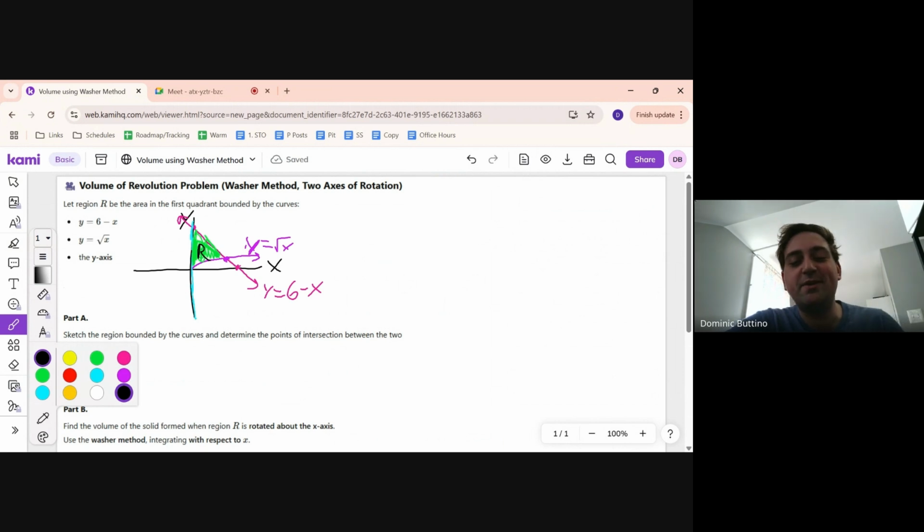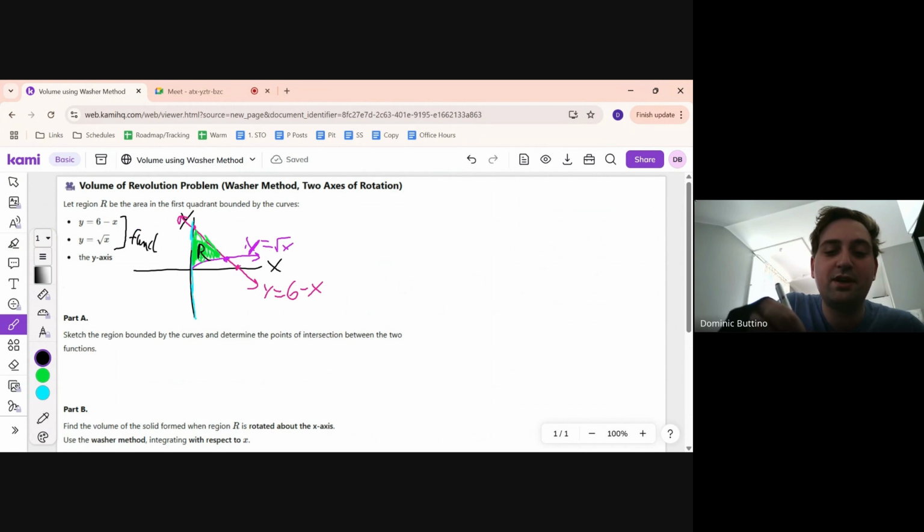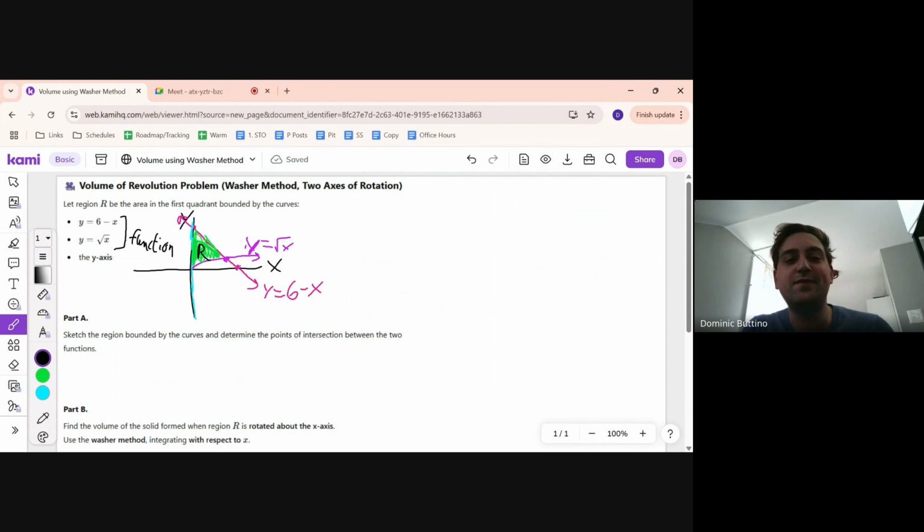Sketch the region bounded by the curves and determine the points of intersection between the two functions, okay? So the two functions, they're talking about these y equals. Those are functions. Whenever you have something in y equals, review from algebra, that means that it is specifically a function. Sometimes with these problems, you're working with non-functions, meaning you might have an x equals, and you might have a y squared in there.